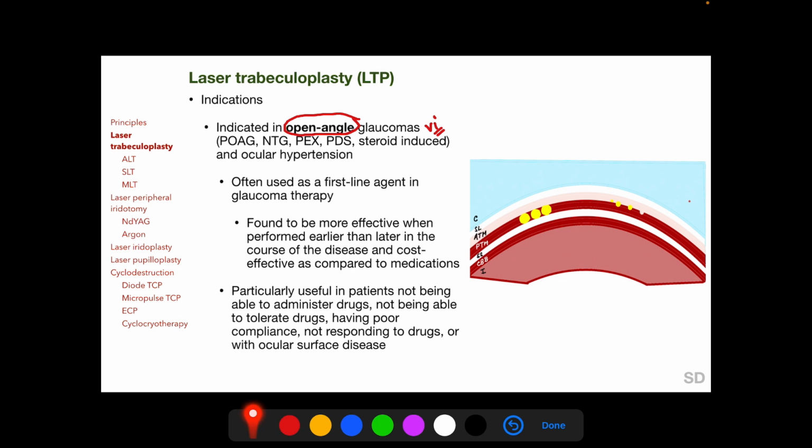Laser trabeculoplasty can also be used to treat ocular hypertension patients who require treatment, and as we know, ocular hypertension is open angle in nature by definition.